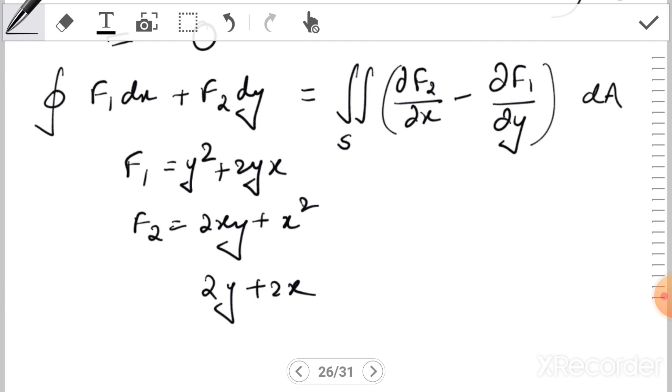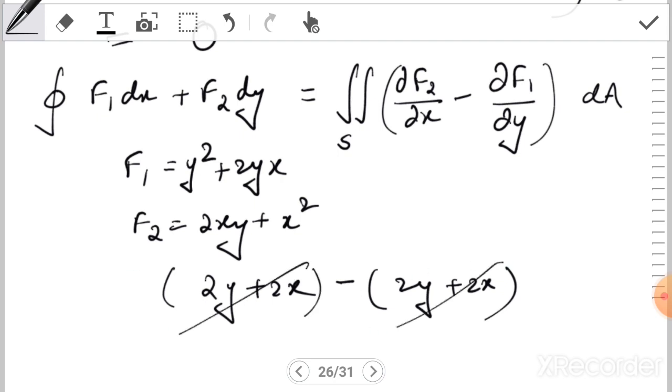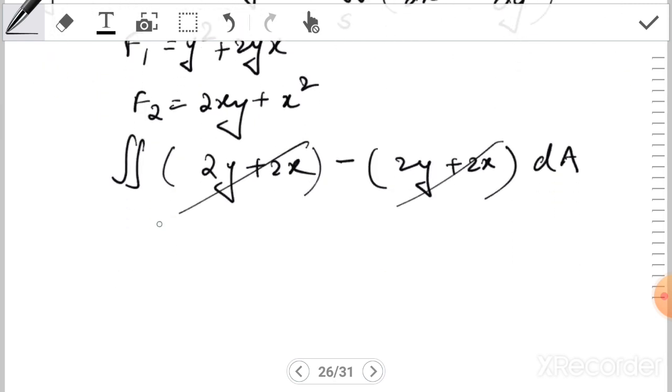So 2y plus 2x minus of 2y plus 2x, which gets cancelled, and dA. So this is 0.